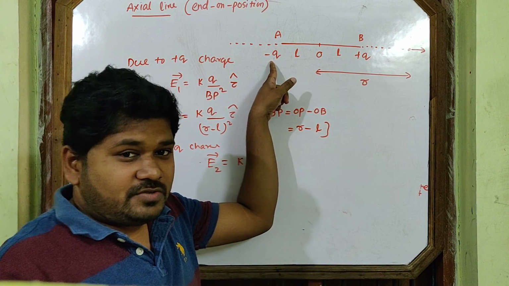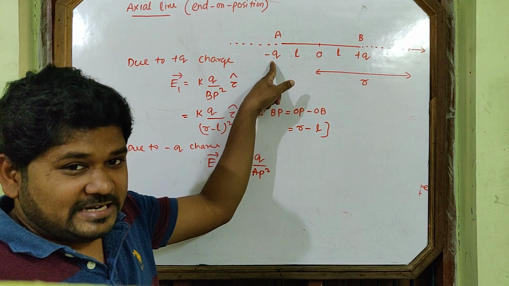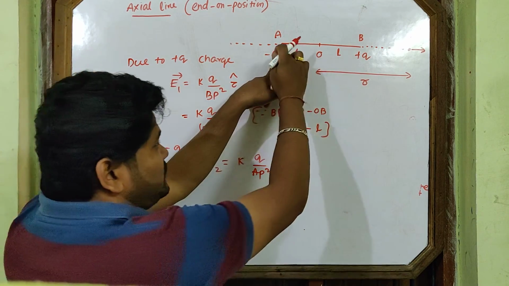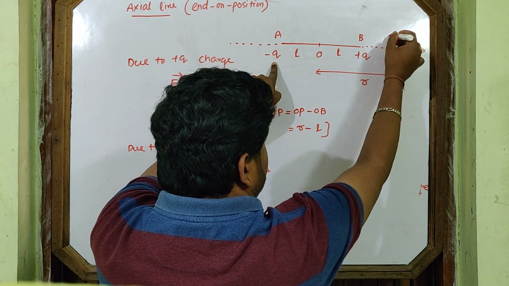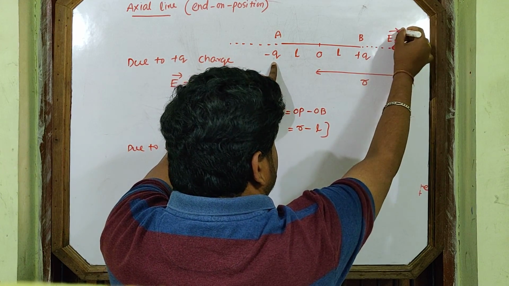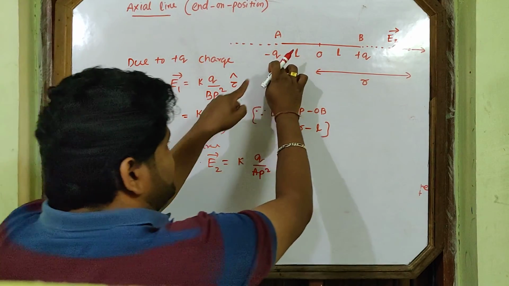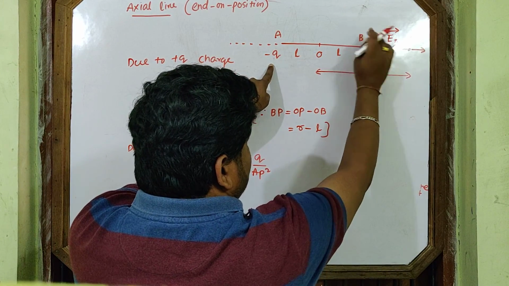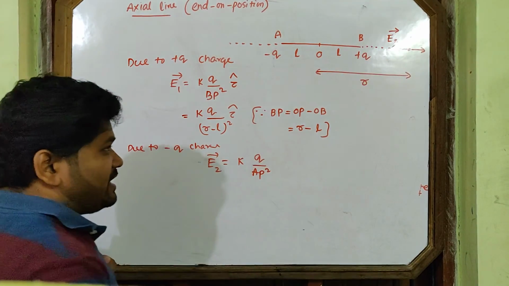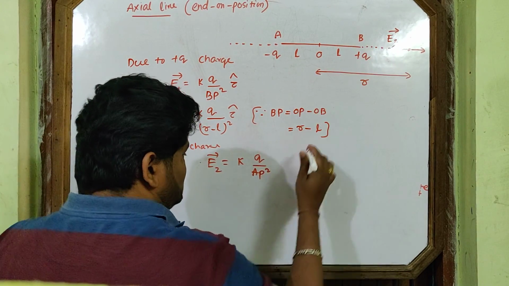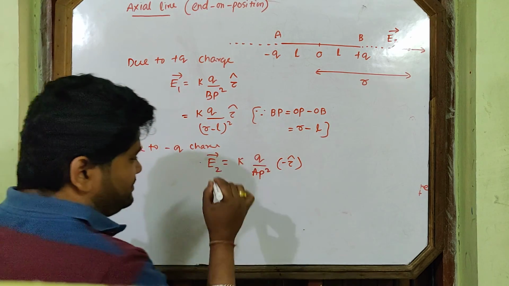Direction is away or towards? Obviously negative means towards. At that time you just forget this plus q. So this is E2 vector, towards minus q. The direction is plus I cap or minus I cap? This is obviously minus I cap.